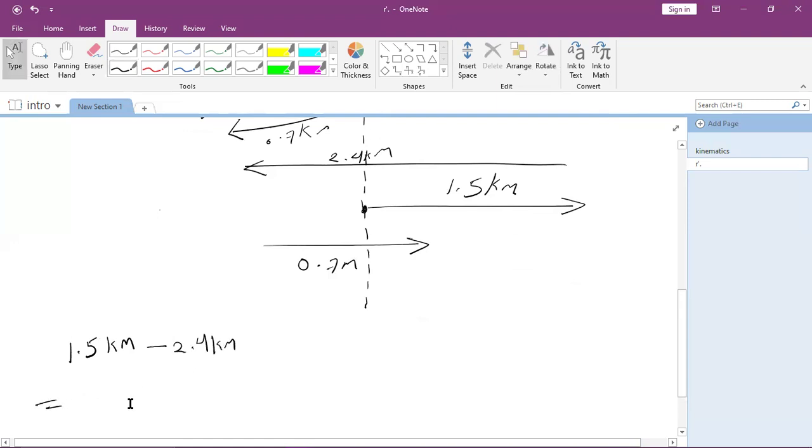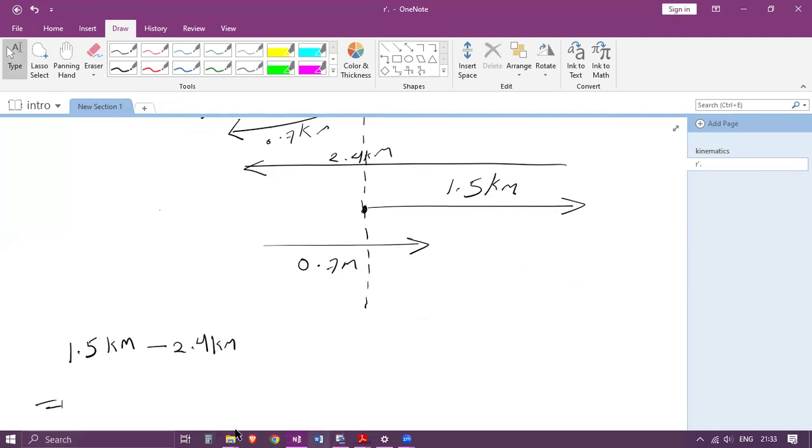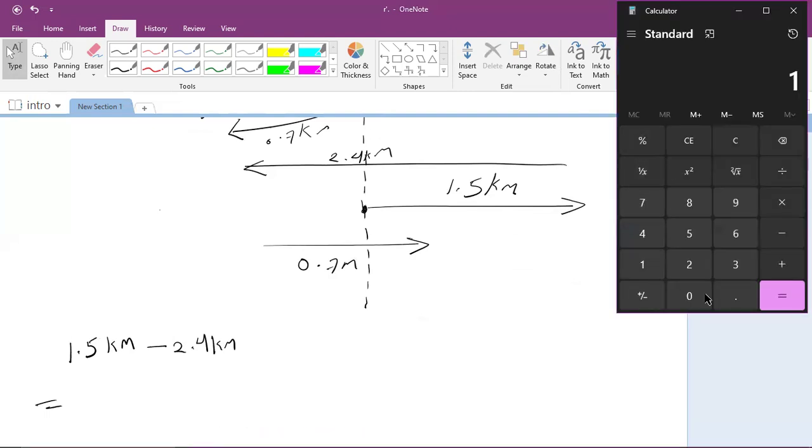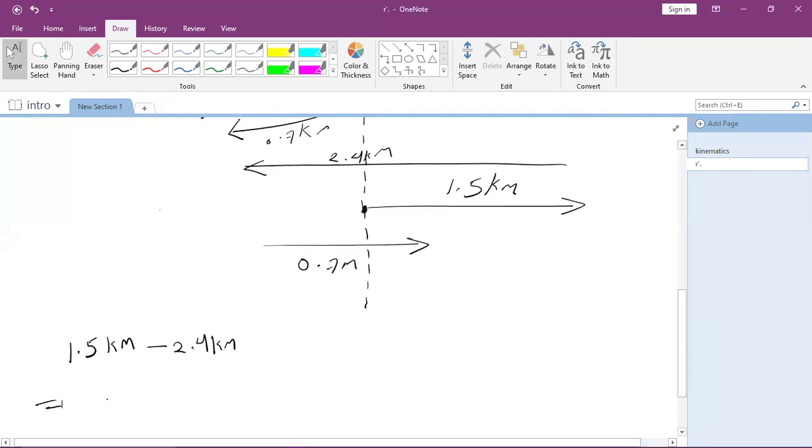Let me check it on the calculator. 1.5 minus 2.4. That is minus 0.9 kilometer.